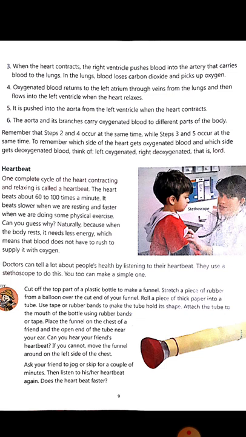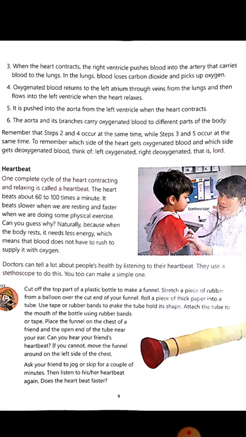Next point: oxygenated blood returns to the left atrium through the veins from the lungs, and then flows into the left ventricle when the heart relaxes.